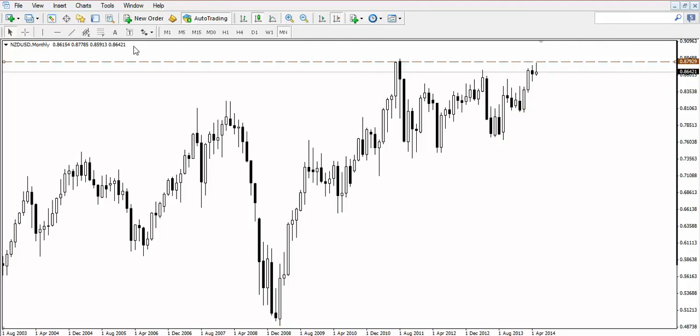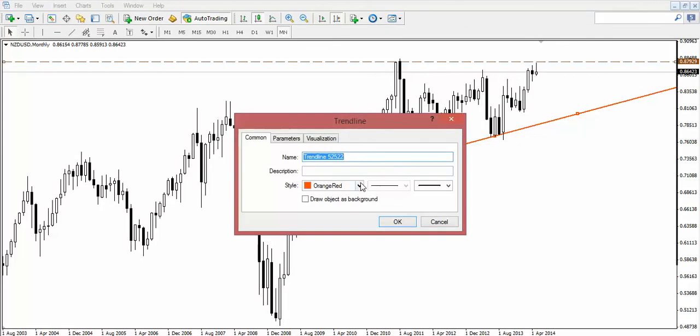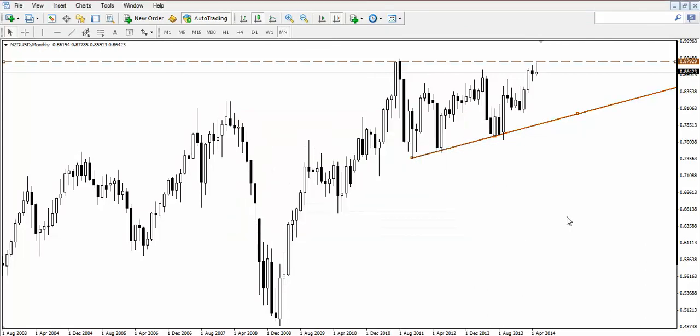Don't like that. I like this trend line better. Just seems as if it's been respected more. So that's the one I'm going to use. Connect the tops up here as well.